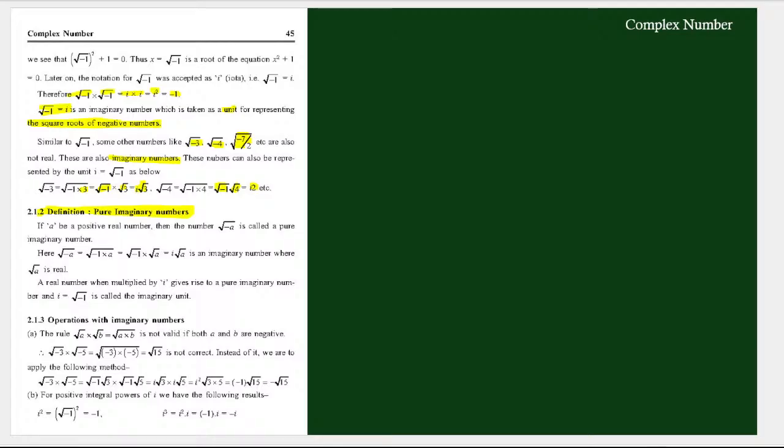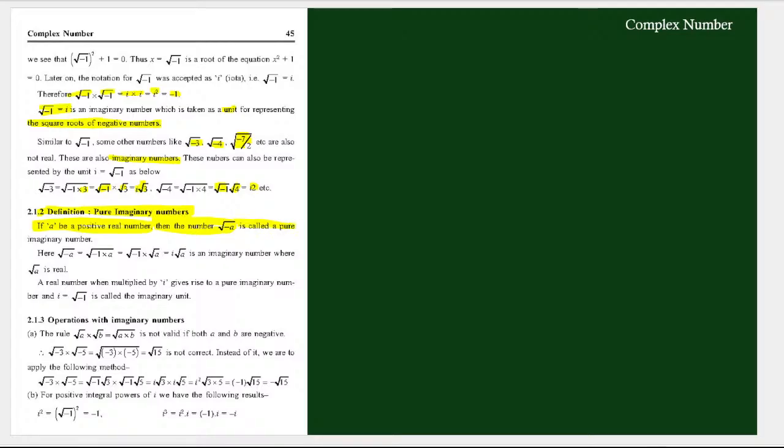So what is a pure imaginary number? If a is a positive real number, then the number root over minus a, the square root of that negative real number, is called a pure imaginary number.